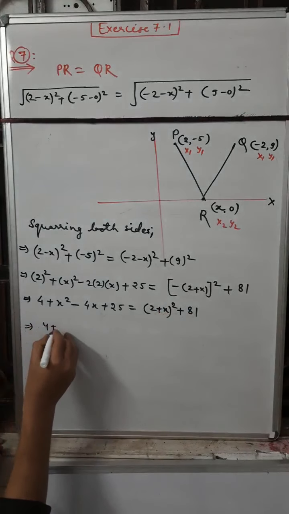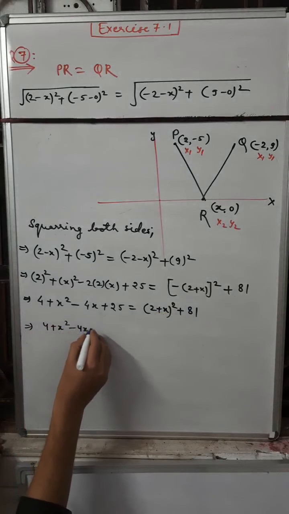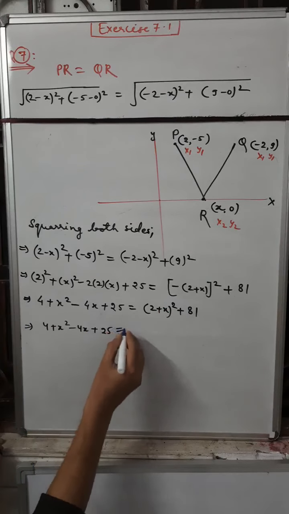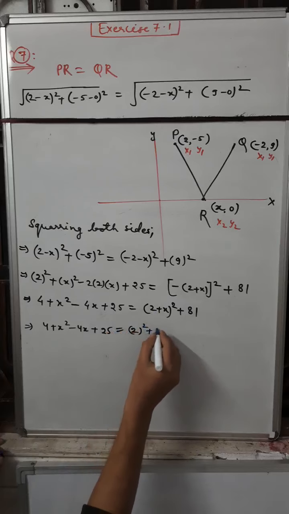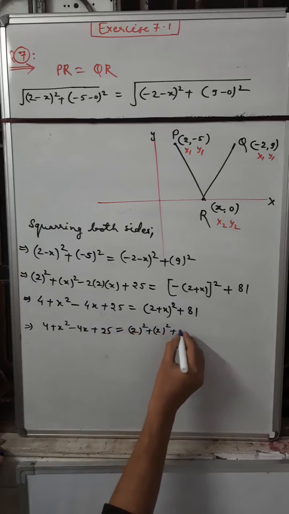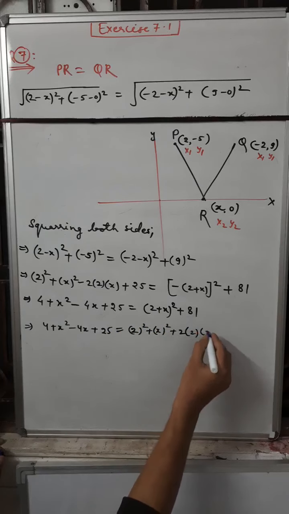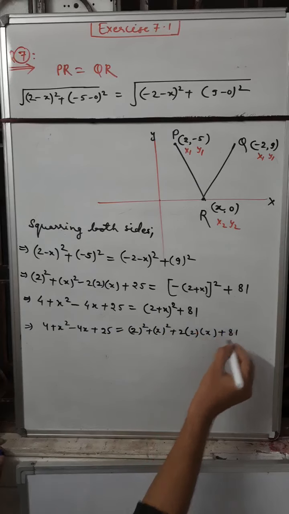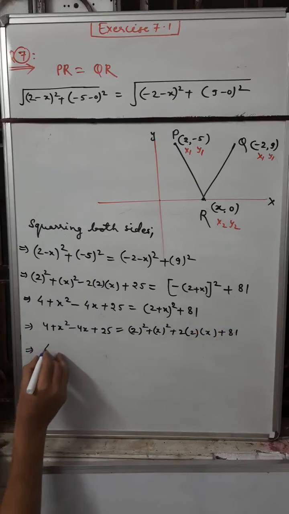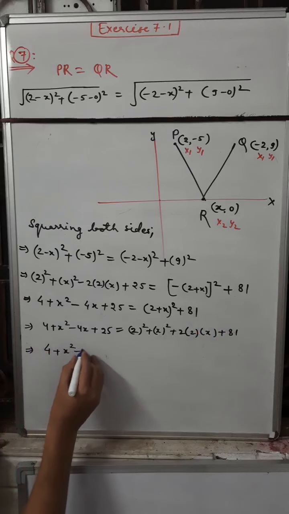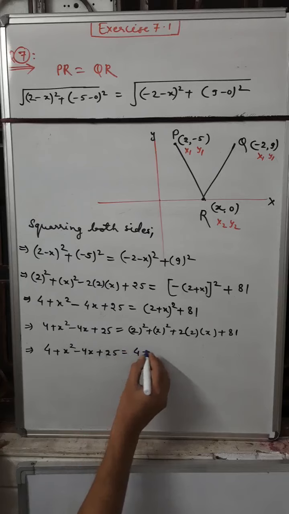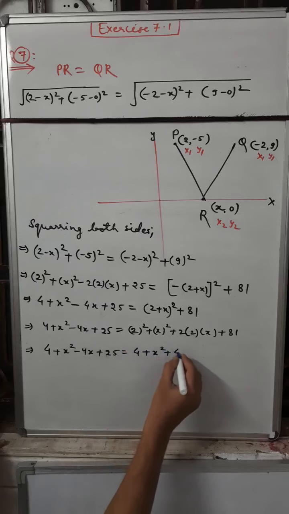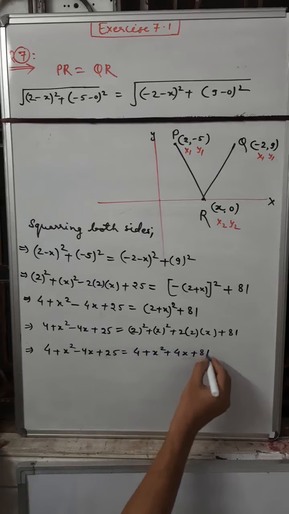So 4 plus x square minus 4x plus 25 is equal to 2 square plus x square plus 2 into 2 into x plus 81, that is 4 plus x square plus 4x plus 81.